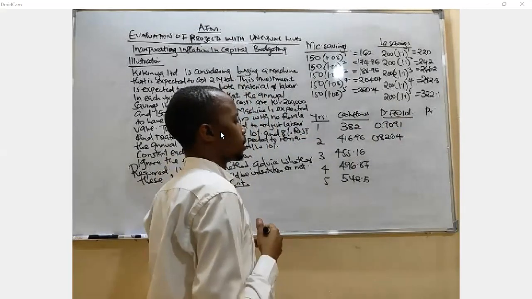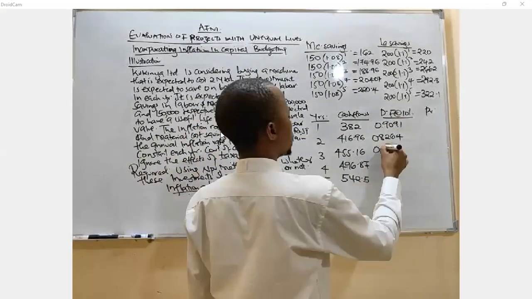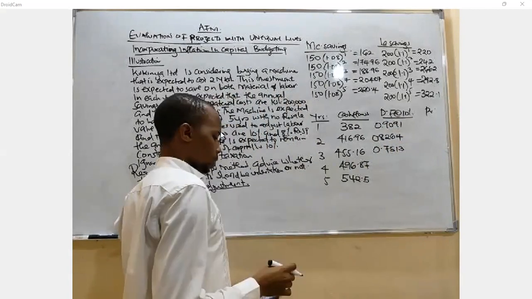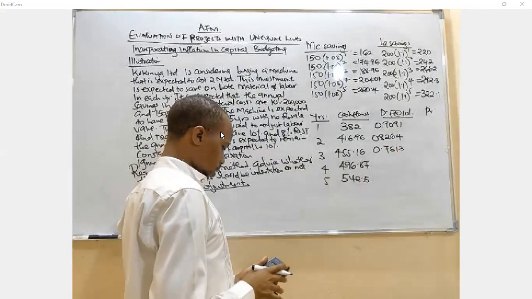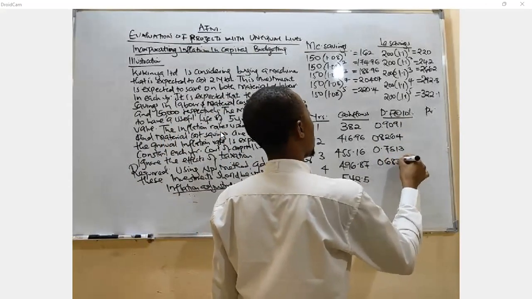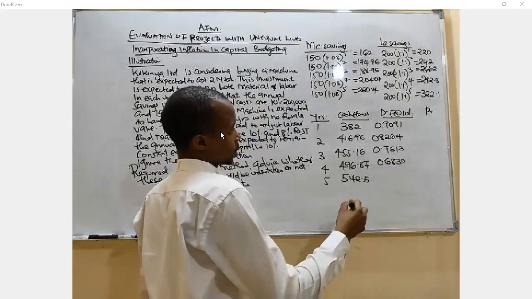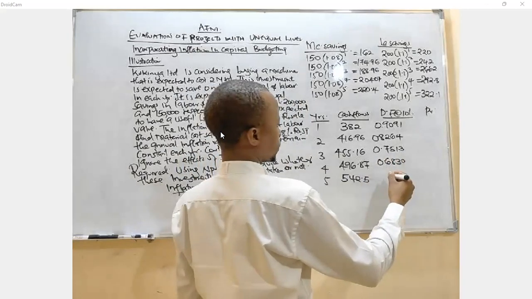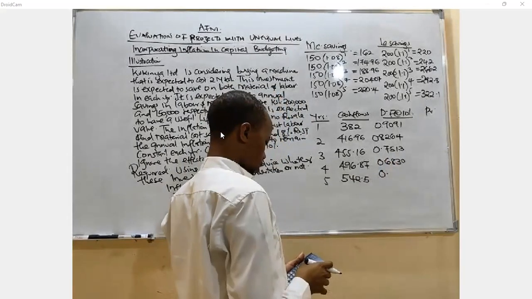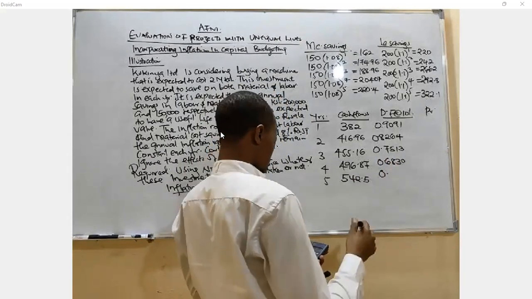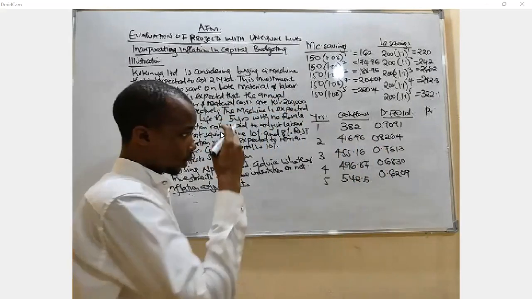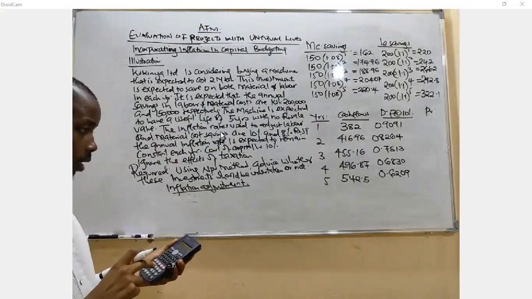The third one is 0.7513. 0.6830. The last one? 0.6209. So let me start with the first one.